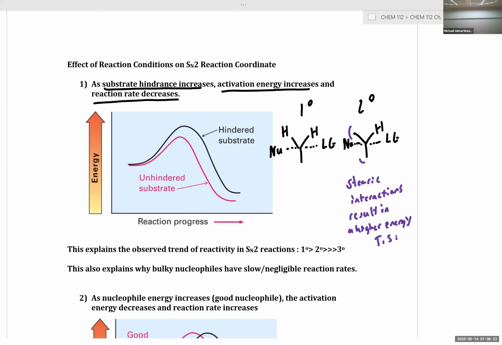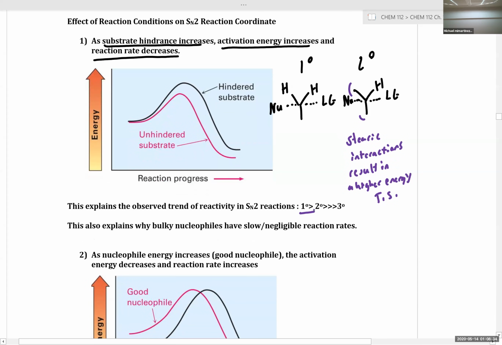The more hindered your substrate, the greater your activation energy and the slower your reaction. This explains why primary and secondary carbons react more readily via the SN2 reaction. This also explains why bulky nucleophiles have slow or negligible reaction rates.